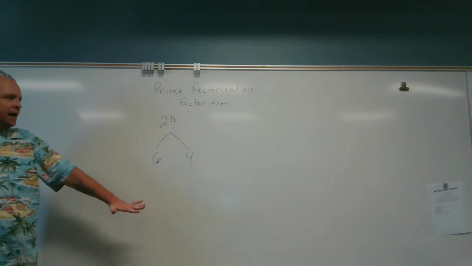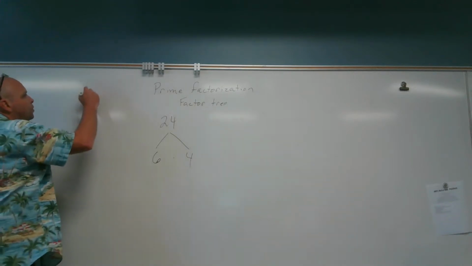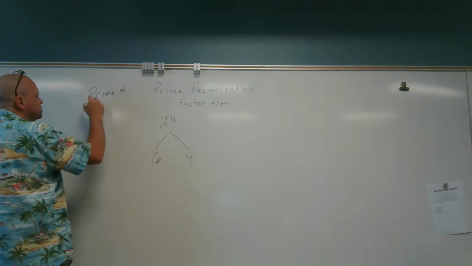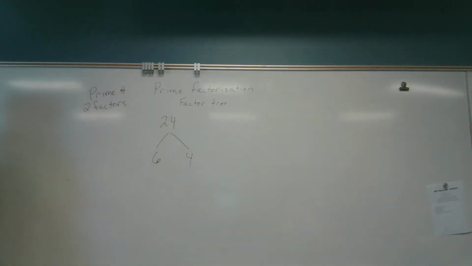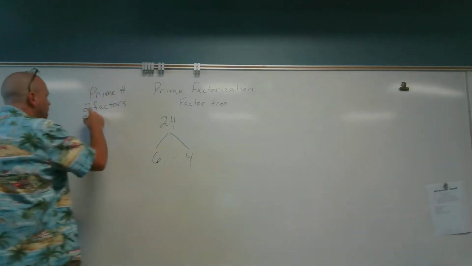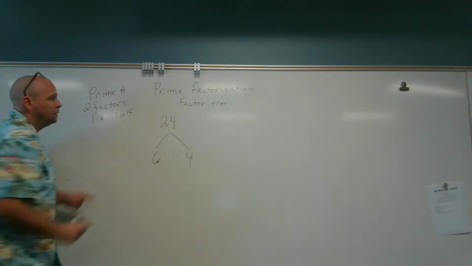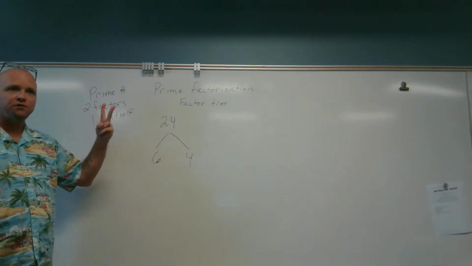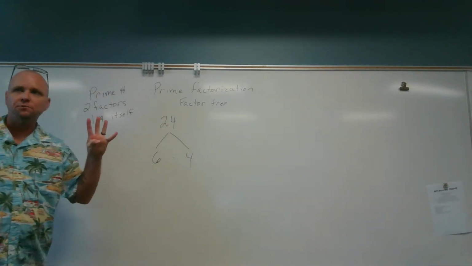Now I have to figure out if either one of these is a prime number. Well, a prime number has 2 factors, and only 2 factors: 1 and itself. Well, I know 1 times 24, so there's my 2 factors, but it also has 6 times 4, so that's 2 more factors.